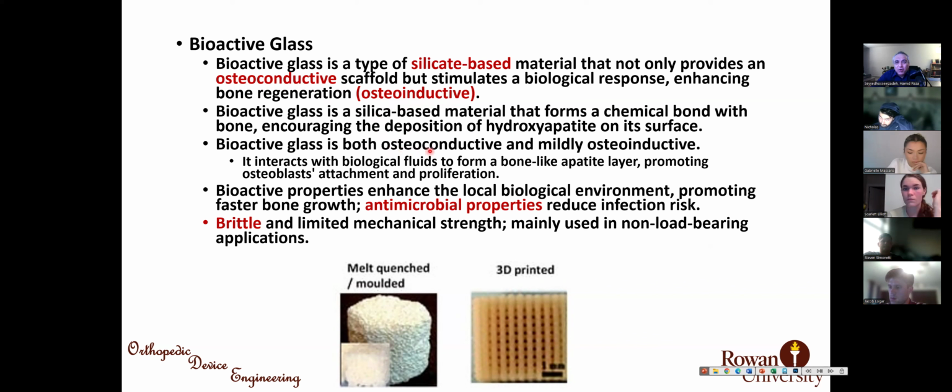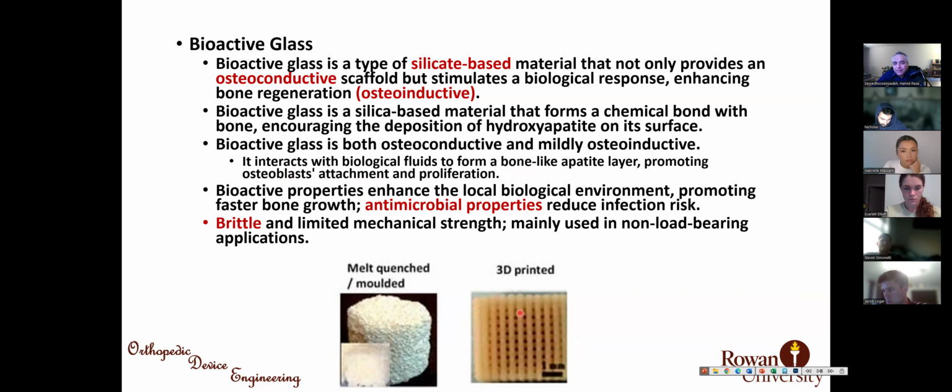One unique property for these bioactive glasses, and the reason why they are called bioactive, is that when they come in contact with biological fluids, they form a hydroxyapatite layer on their surface, and it promotes osteoblast attachment and proliferation. It means osteoinduction.